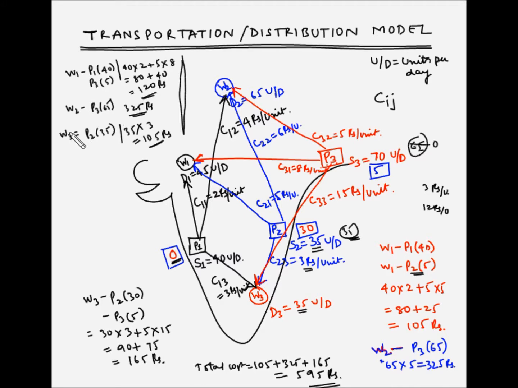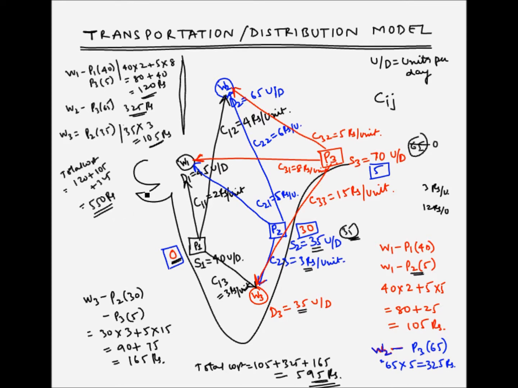So in this solution, the total cost would be 120 plus 105 plus 325, which is equal to 550 rupees. And with the previous solution, we had achieved a total cost of 595 rupees. So definitely with this solution, we have saved 45 rupees in the cost of transportation.